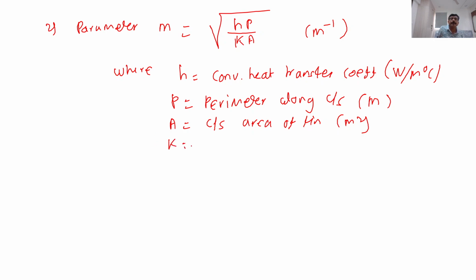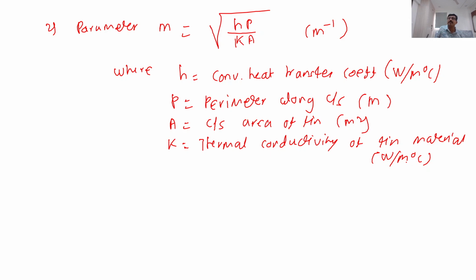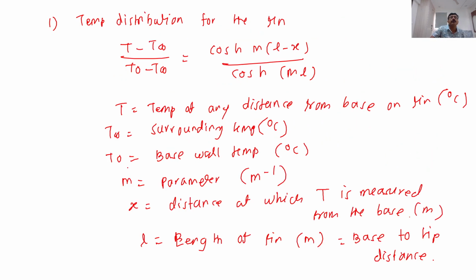And k is the thermal conductivity of the fin material, in watt per meter degree Celsius, or you can write Kelvin also. So this is m, with unit meter raised to minus 1. In this way you can get the temperature distribution, that is, at any distance x from the base you can find the temperature, provided all other values are known to you.